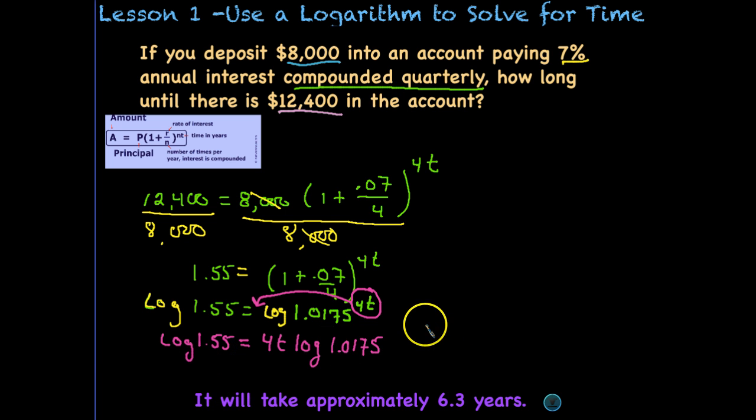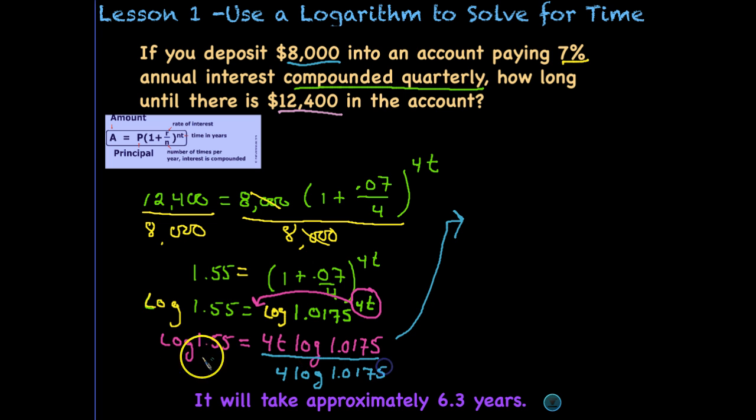All right, we're getting close. So now what do we do? Well, we need to solve for t, so we need to divide this side by 4, because we don't want the 4 there, and by log 1.0175, which means we need to divide the left side by the same thing.